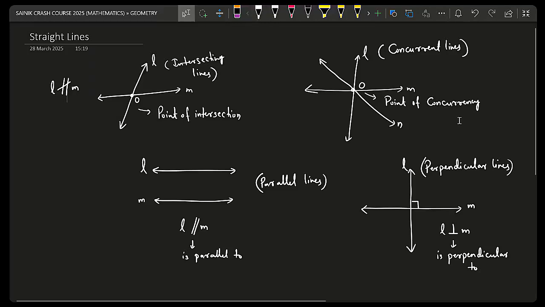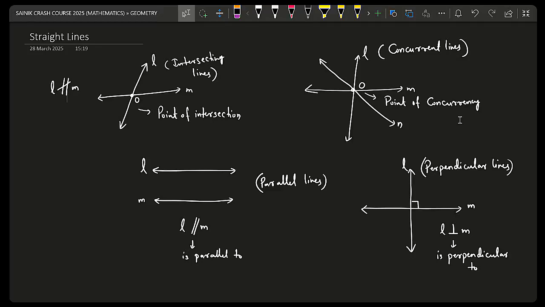Nishika, what is your doubt? Sir, what are concurrent lines? Concurrent lines means, see, when only two lines are passing through the same point, we call them intersecting lines.